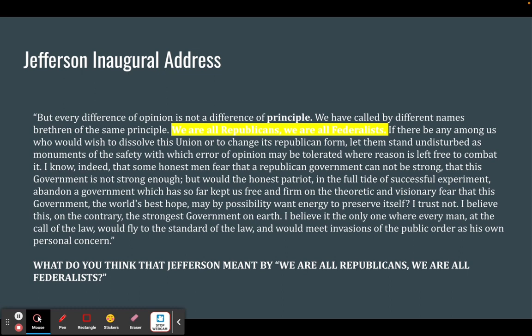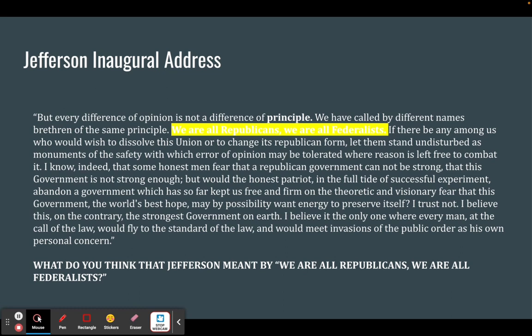But would the honest patriot, in the full tide of successful experiment, abandon a government which has so far kept us free and firm on the theoretic and visionary fear that this government, the world's best hope, may want energy to preserve itself? I trust not. I believe this, on the contrary, the strongest government on earth. I believe it the only one where every man, at the call of the law, would fly to the standard of the law and would meet invasions of the public order as his own personal concern.